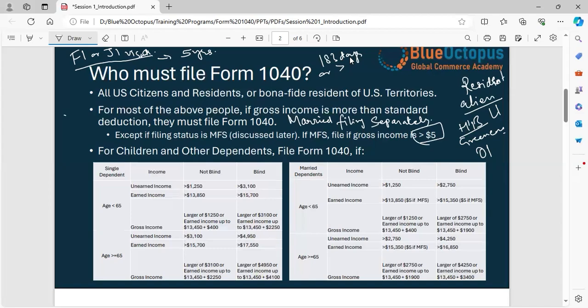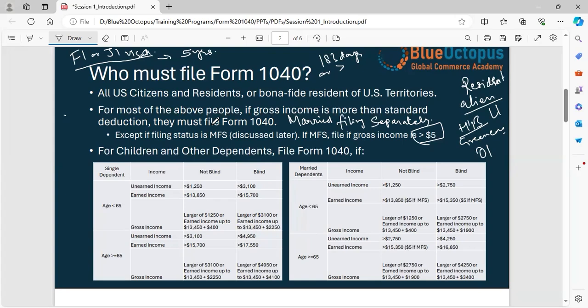There is no standard deduction rule in that case. Even if you are getting more than $5 of income, you are liable to file Form 1040. It's just to discourage going for married filing separately. Then, these are most of the people.